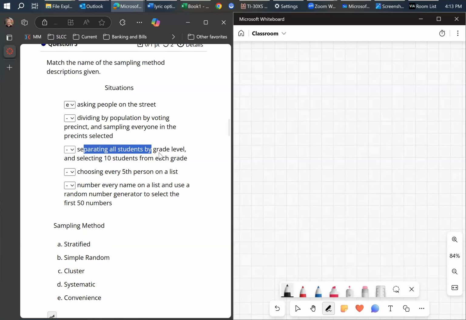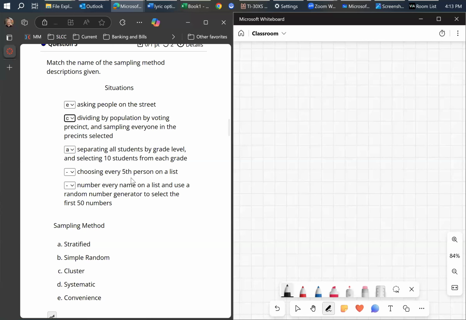If you divide them up into strata, but select a random number from each one, so you select some from each stratum, then that's stratified. So this one's stratified, where you divide them up but then select a few from every division. And this one is cluster, where you divide them up and then sample everyone in one of the divisions.